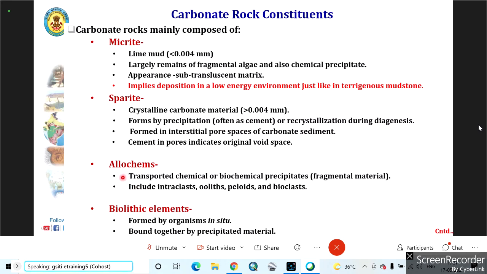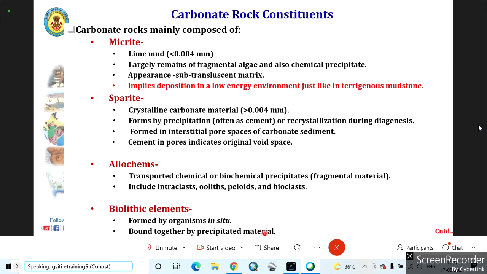The next constituent is the allochems, that is transported chemical or biochemical precipitates, that is fragmental material, and it includes intraclasts, ooliths, peloids and bioclasts. Then another constituent is the biolithic elements, formed by organisms in situ and bound together by precipitated material.